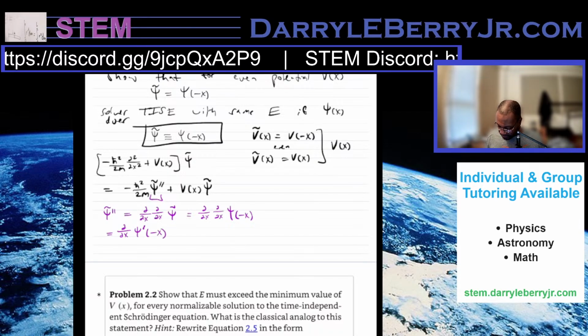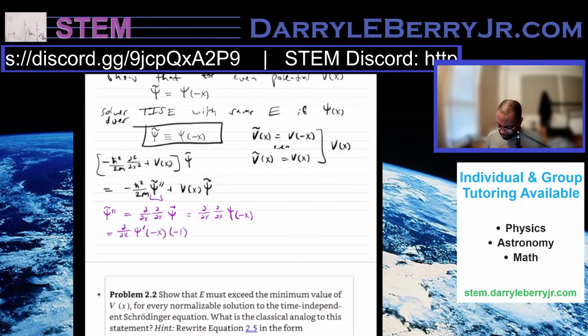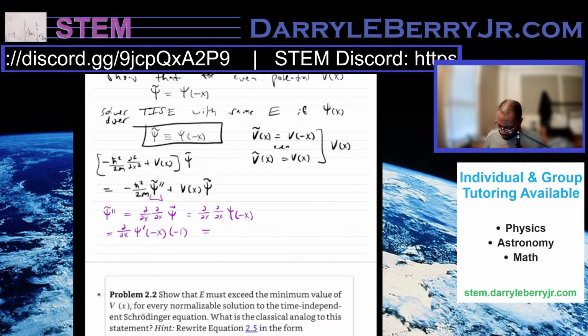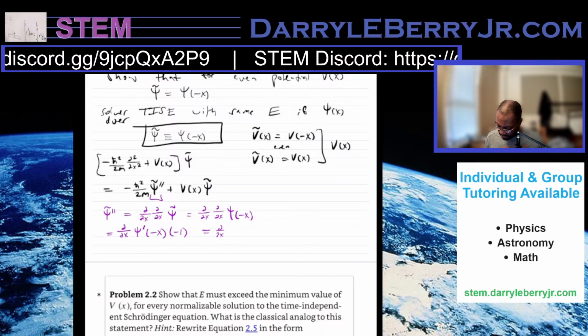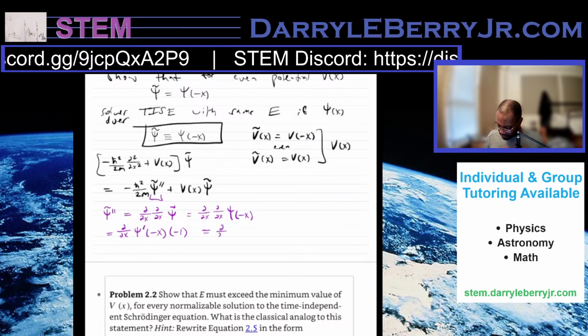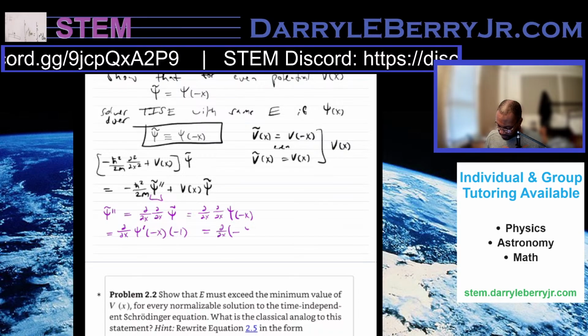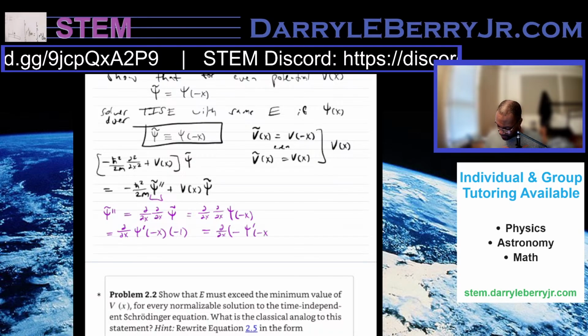Then I have to take the derivative of the inside, so it's going to be negative 1. That's going to equal negative psi prime of negative x.